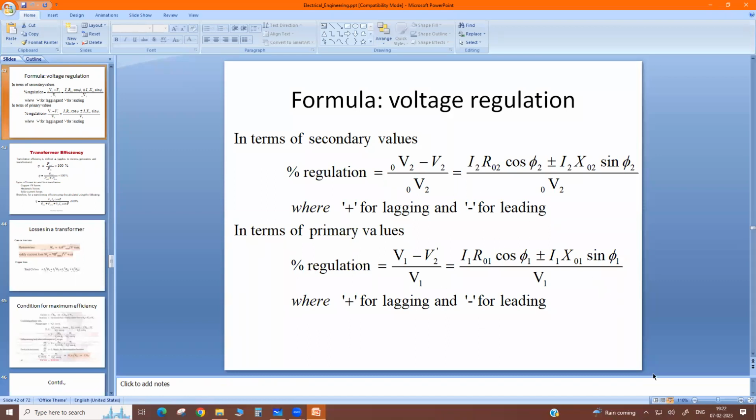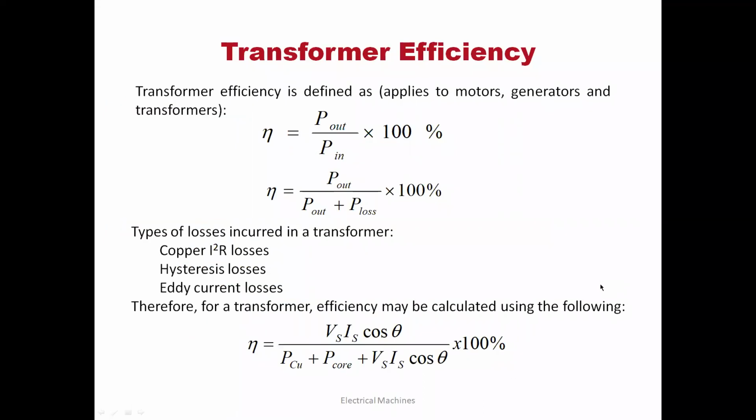Now come to the efficiency of the transformer. Efficiency of a transformer, or motor, generator, any equipment, is defined as output by input, that is output divided by output plus losses. Here losses are total losses.